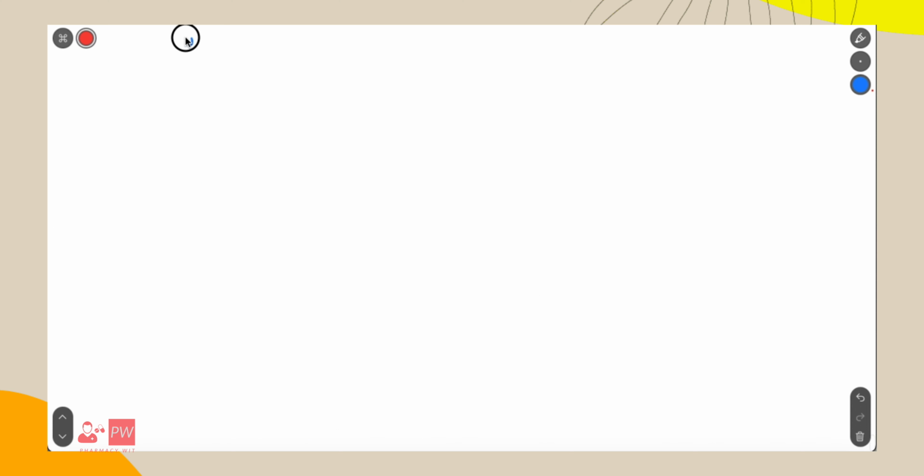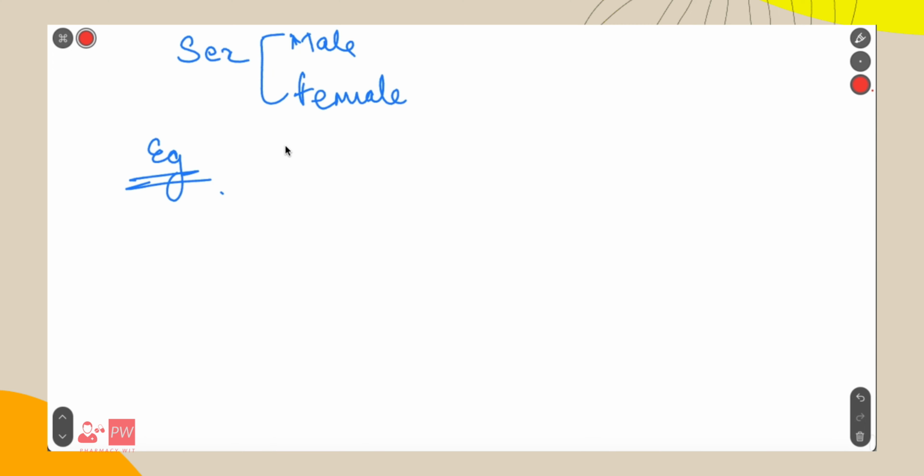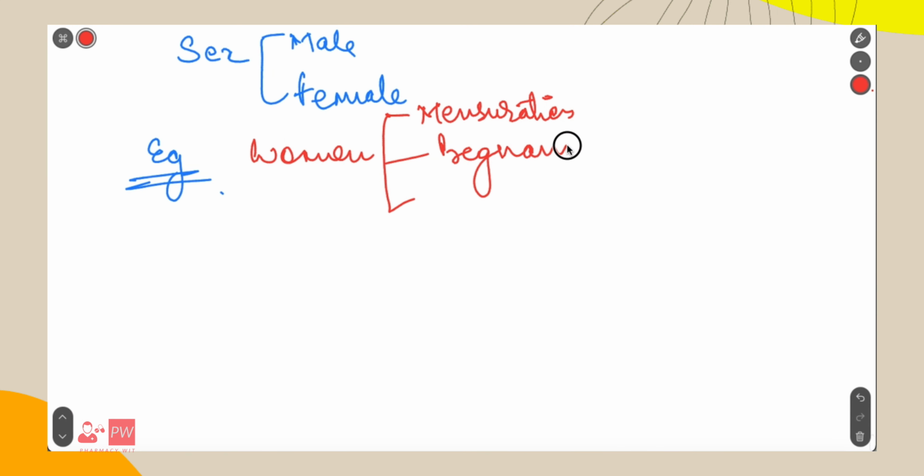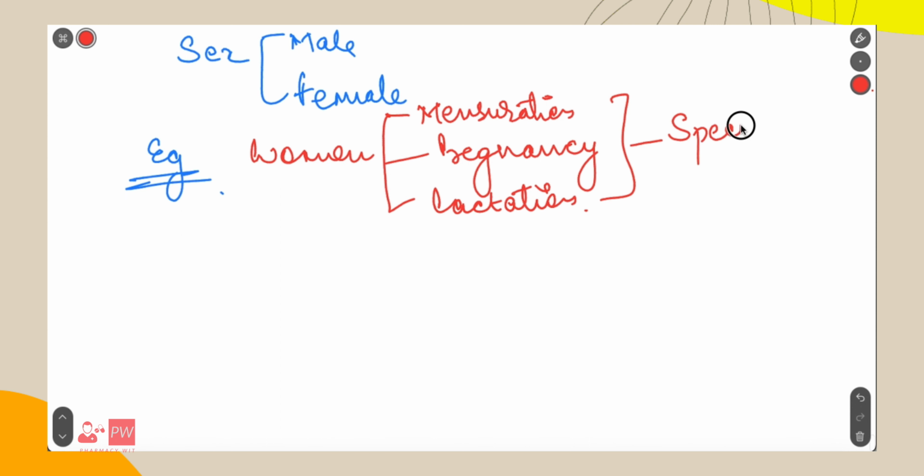Now the next factor is sex. Whether your patient is male or female, it affects the dose of a drug. For example, if you are talking about a woman, during these three conditions, menstruation, pregnancy, or lactation, special care should be taken when you are administering the drug.